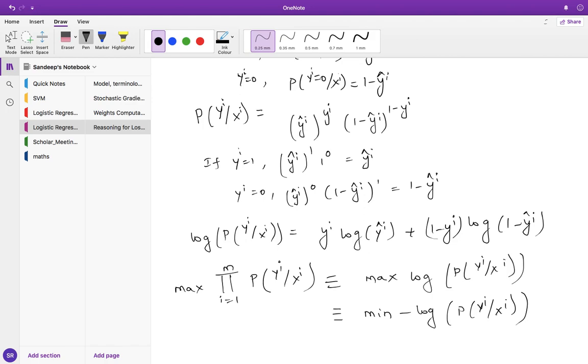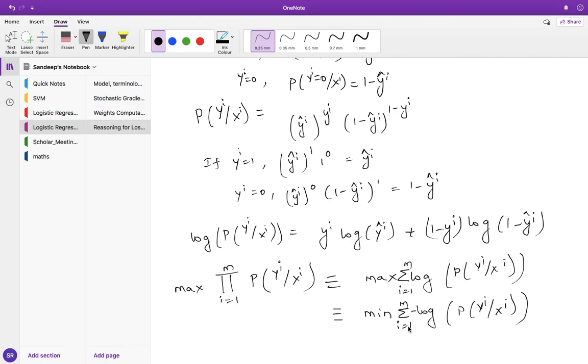When you take the logarithm of the product, you get a summation, i equal to 1 to m, of negative log of this thing.